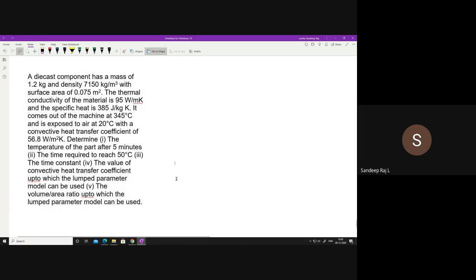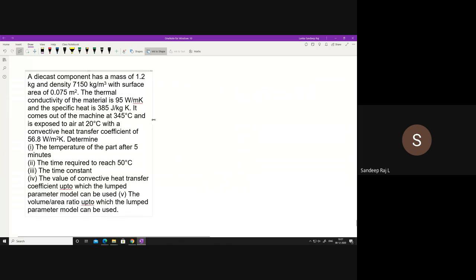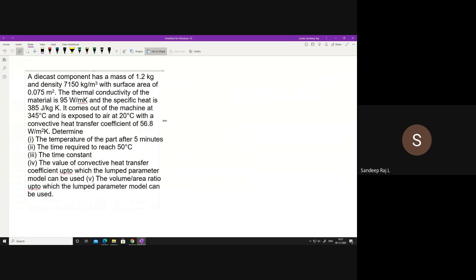And this is a problem given here. There are about 5 questions in this. So let's solve them. This problem is saying that there is a die-cast component, and it has a mass.